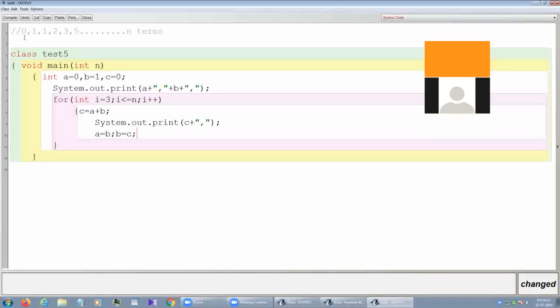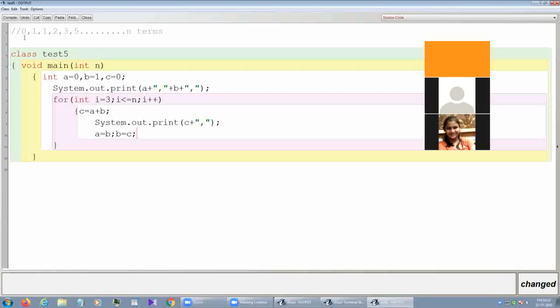Which one is indicated as a term here? 0, 1, 2, 3, 4, 5. From where do you get this 4? No, sir. 0, 1, 1, 2, 3, 5. So if the value of n given by the user is 5, we'll get 5 terms.